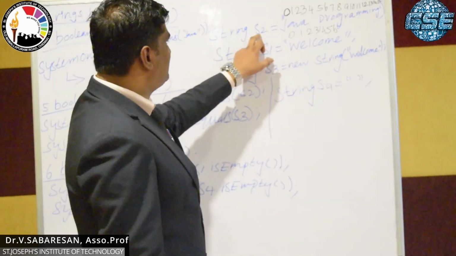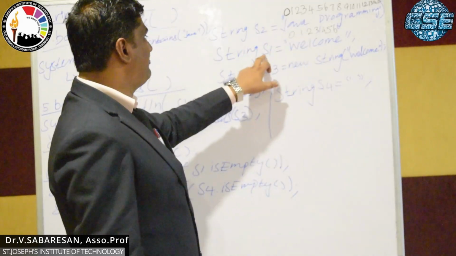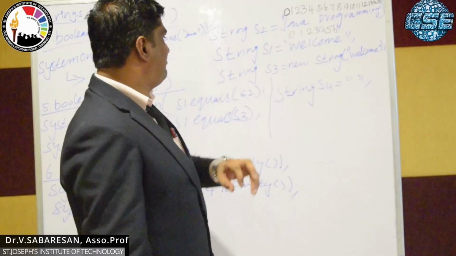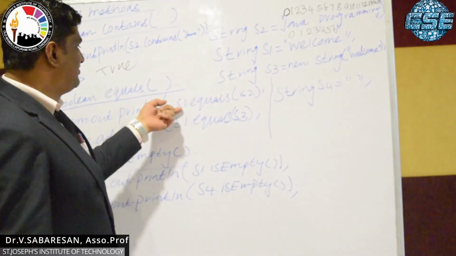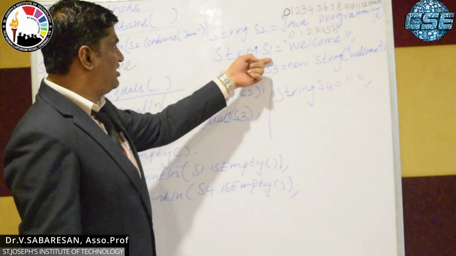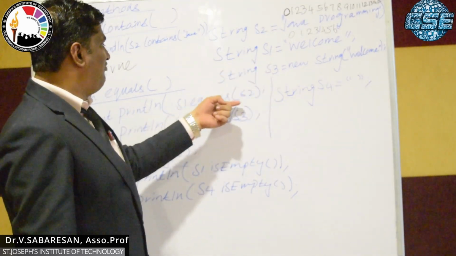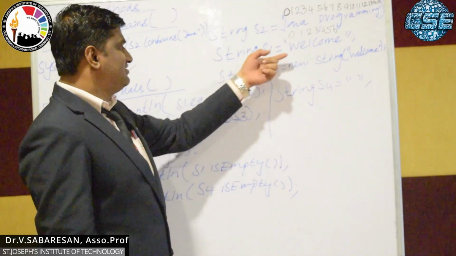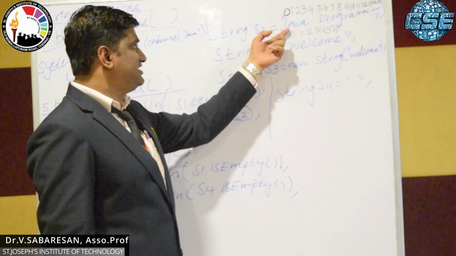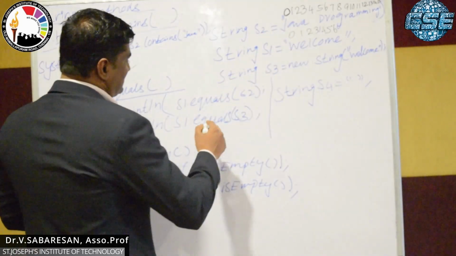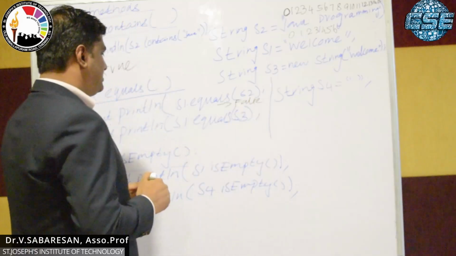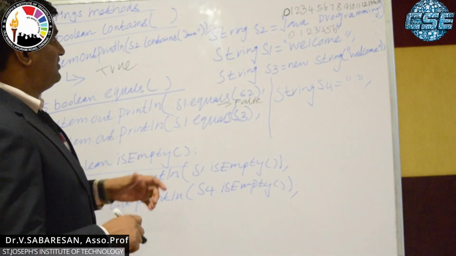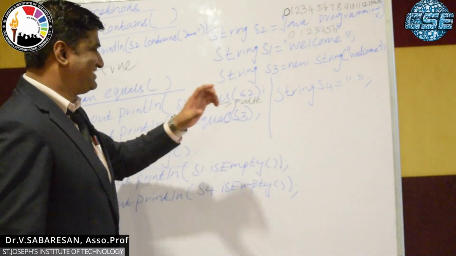The value of s2 is Java programming and the value of s1 is welcome. So it returns false, because the s1 value is welcome and the s2 value is something different, Java programming. So here it returns false.